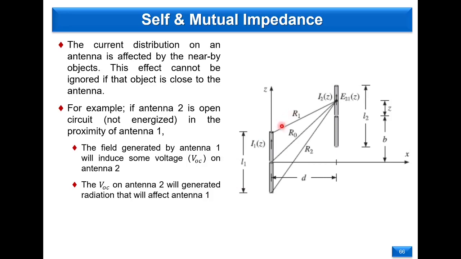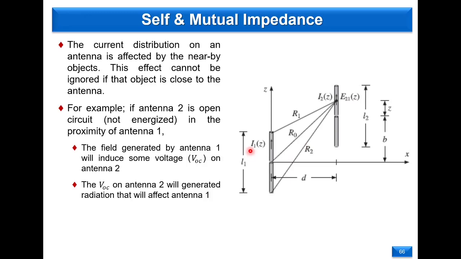So this antenna is radiating field. At this position, if we have another element, another antenna, the field at this position is E2 caused by element number 1.